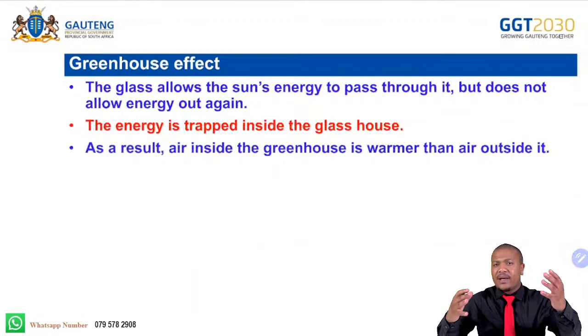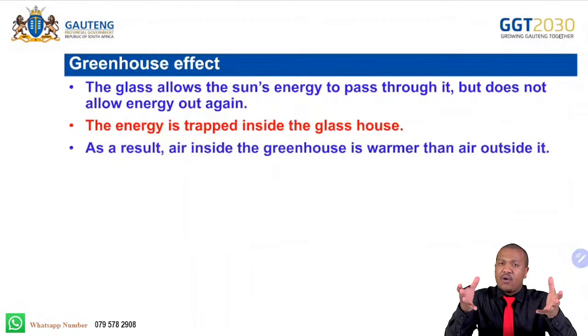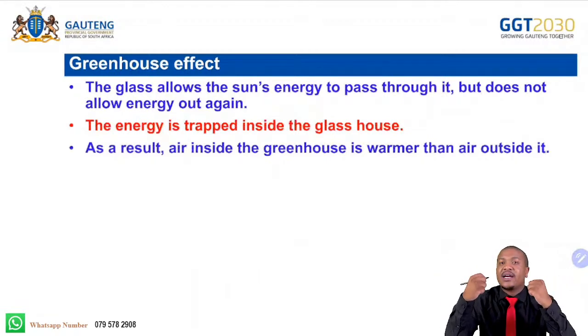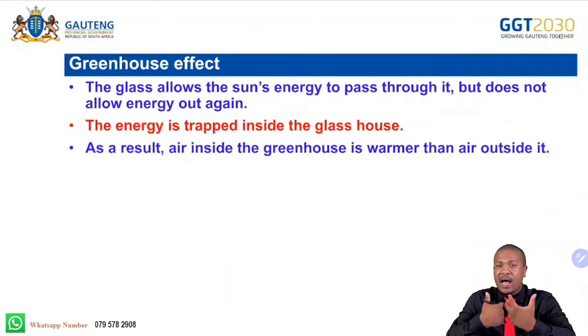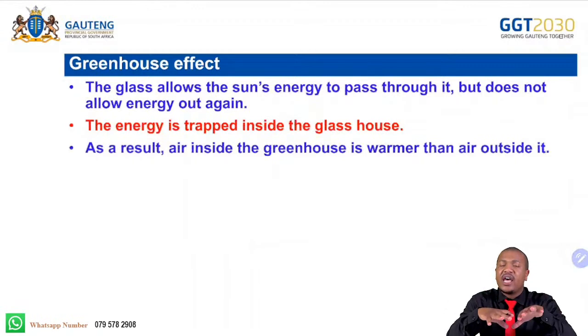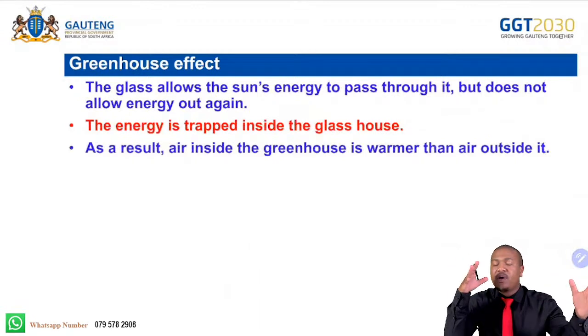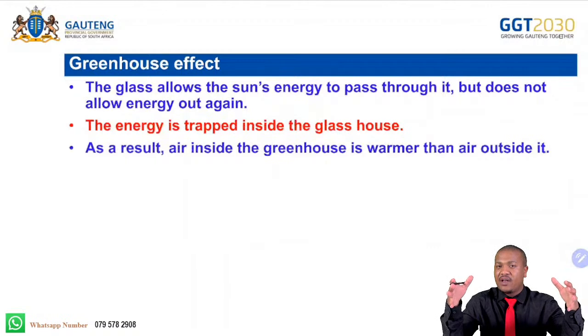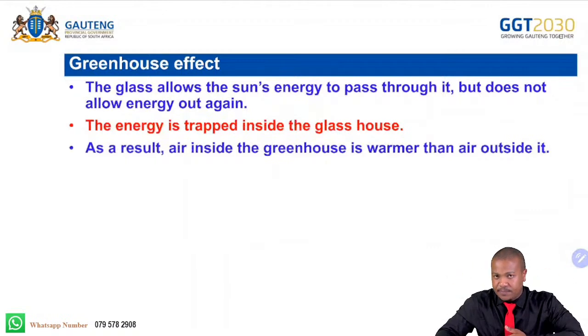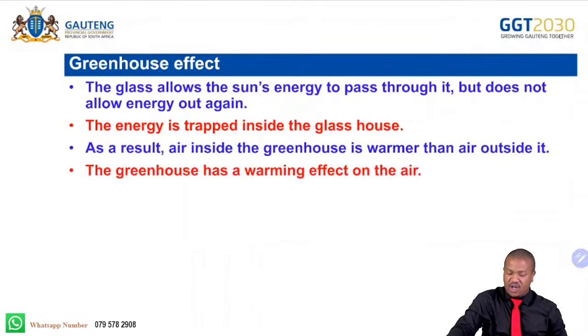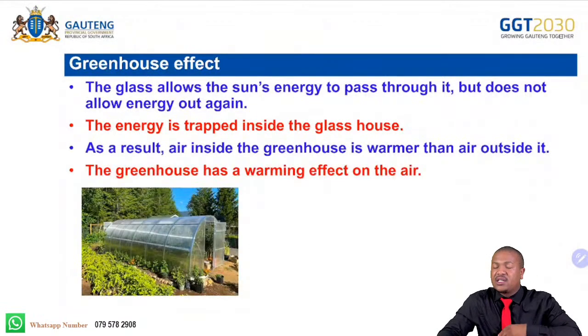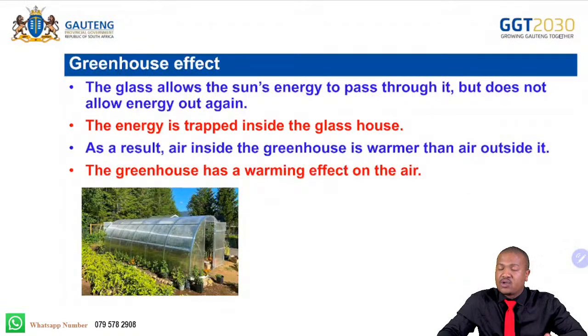So this greenhouse allows all the sun's energy to enter it, and also to nurture the plants, then it doesn't allow the energy out again, keeping the temperature levels warm inside it. Are we together? So the greenhouse has a warming effect on the air, as it keeps the air inside it warmer and warmer as compared to the air outside it.